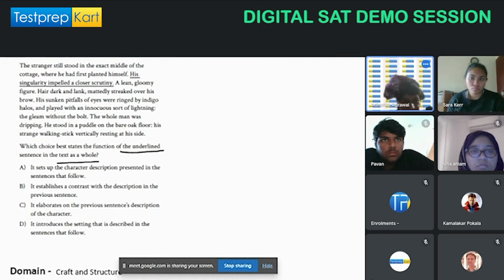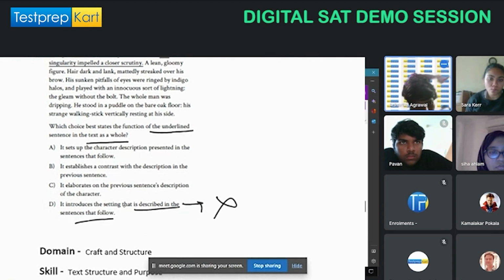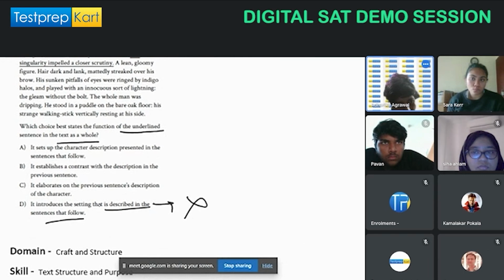So let's start with D. It introduces the setting, that is, describing the sentences that follow. Is it introducing the setting? No. Who says no? Sorry. Is there anyone who wants to go with the idea that they are trying to introduce a setting?